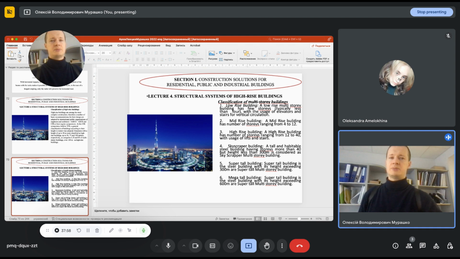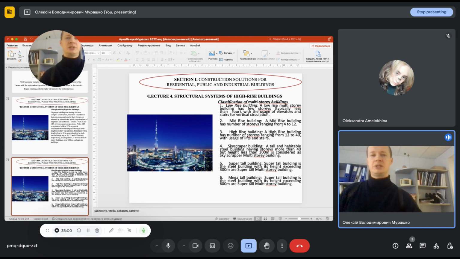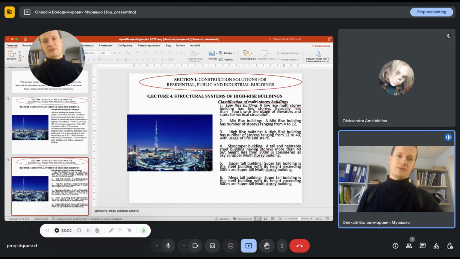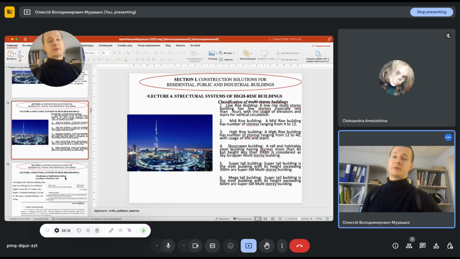A mid-rise building is from 4 till 12, high-rise 12 till 40, and a skyscraper is less than 300 meters but more than 40 stories. Super tall is more than 300 meters, and mega tall buildings are more than 600 meters. There are various international classifications, various approaches to this.